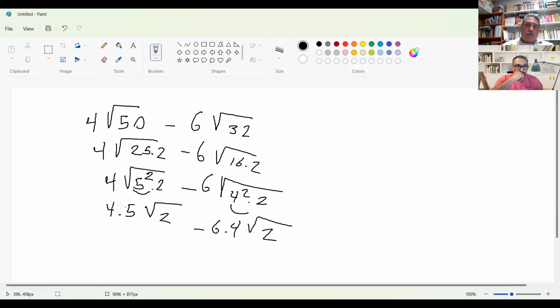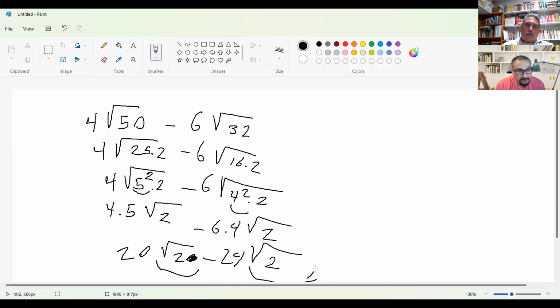Then 4 times 5 is 20 square root of 2, and 6 times 4 is 24 square root of 2. Now I can factor the square root of 2 out. I get square root of 2 times parentheses 20 minus 24. So I get minus 4 square root of 2.